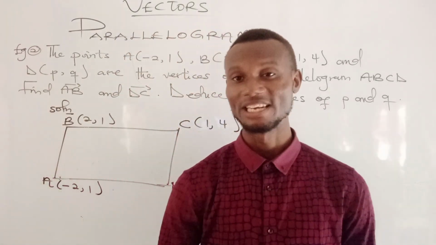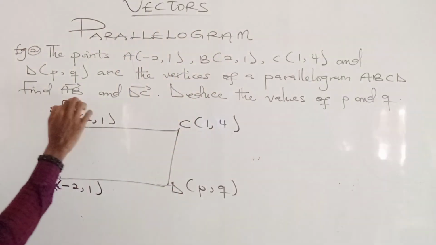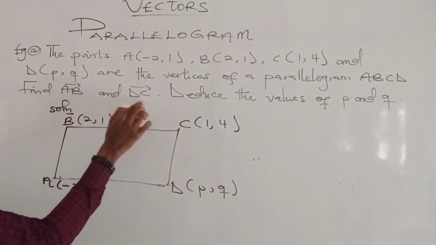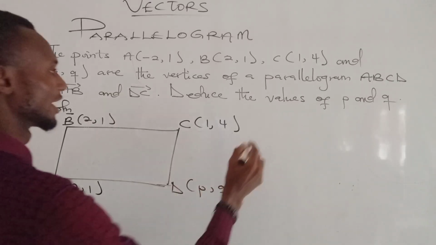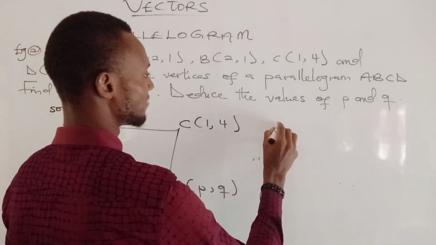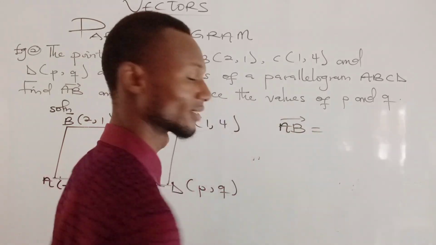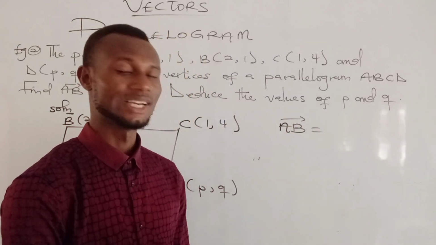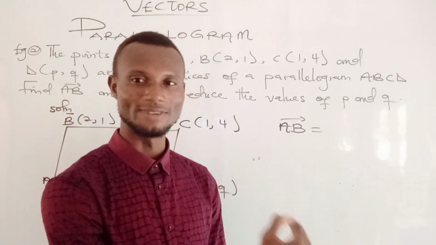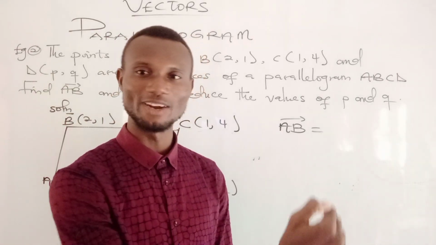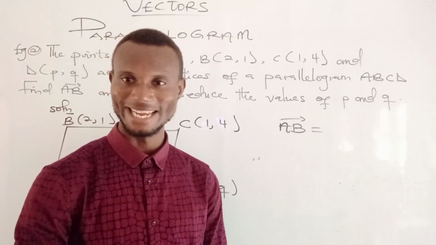Now the first part of the question is asking us to find vector AB and vector DC. So let's proceed and do that together. For me to find my vector AB, I've explained this a lot in the previous videos, it is always the position vector of the last letter minus the position vector of the first letter.